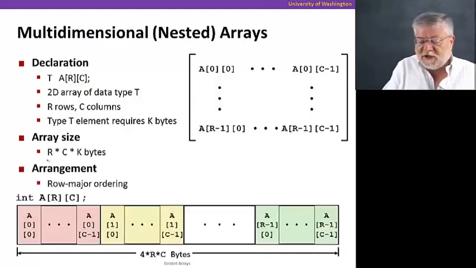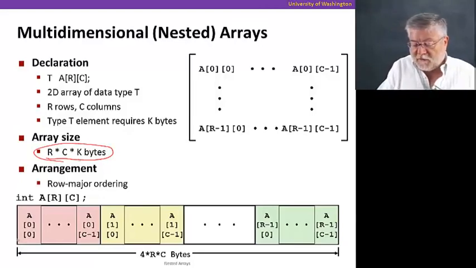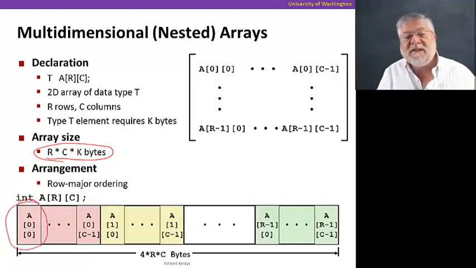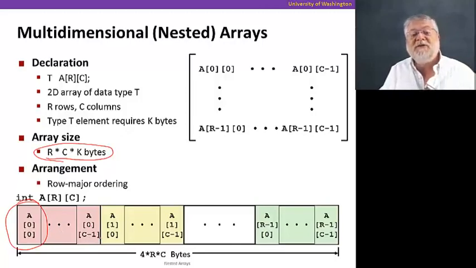So our array then in general is of size R times C times K, where R and C are the rows and columns, and K is the size of an element. And again, arranged in row major order. So we see the very first element here at [0][0], the 2 indices, and then that'll be followed by [0][1], [0][2], all the way to [0][C-1] in this location.